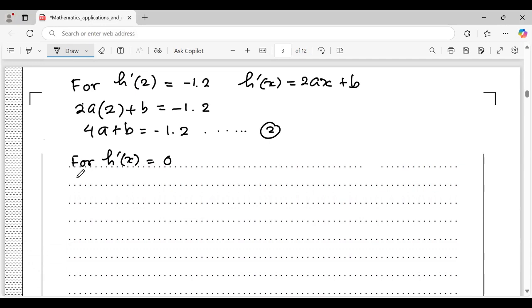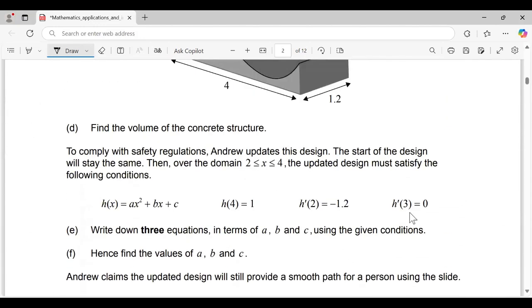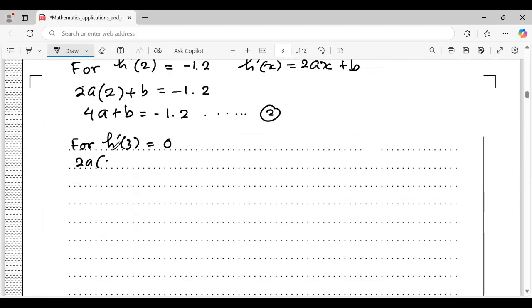So it means 2a times 3 plus b equals 0. And it is 6a plus b equals 0. This is the third equation.